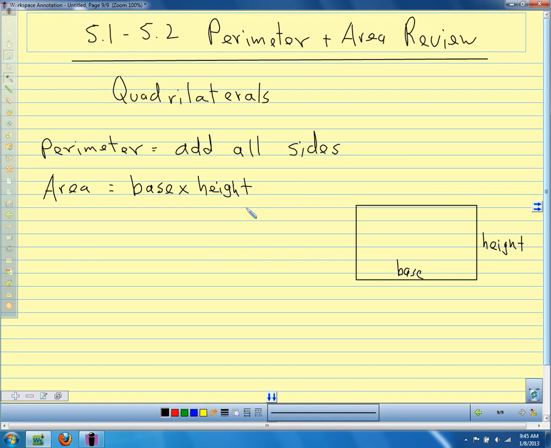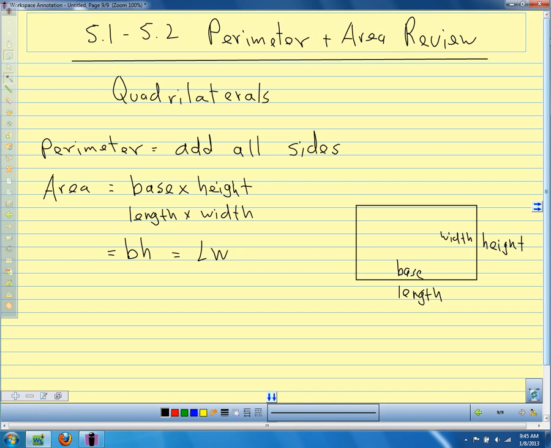What was another one? What did you say, Lindsay? Length and width. We could call it length times width. Base times height, length times width, they mean the same thing. And the way we normally write it, with symbols, is B times H or L times W.